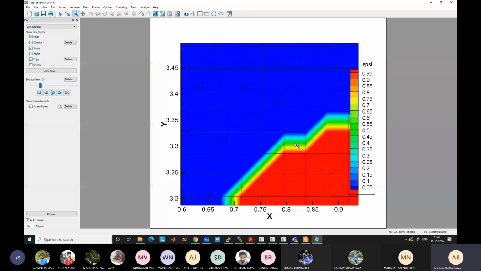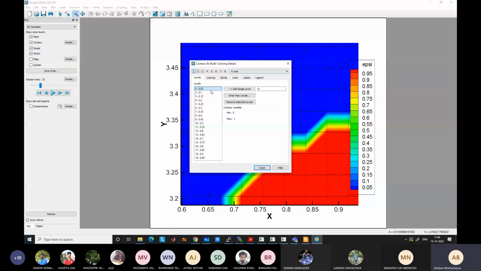What variation you are seeing in the volumes here is what the software, Tecplot, is interpolating by itself. Actually it is just a sharp interface like this. Our results are not actually distributed like this. Our results look like this only. So we have a value 1 here.